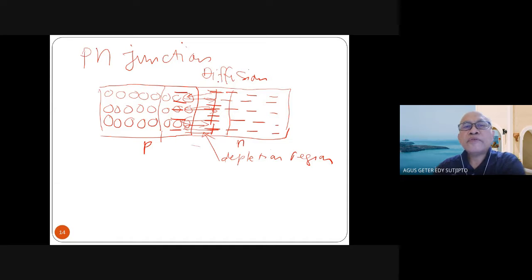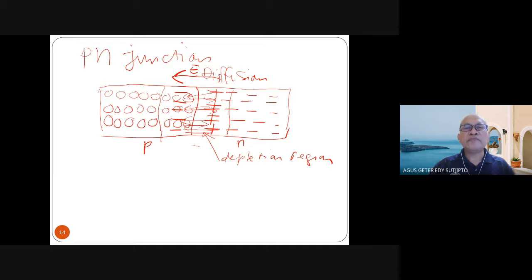So we have a potential difference, this is positive and this is negative. And then the potential difference will generate the electric field E. This electric field, caused by the diffusion of the electrons and holes, results in potential difference and electric field.